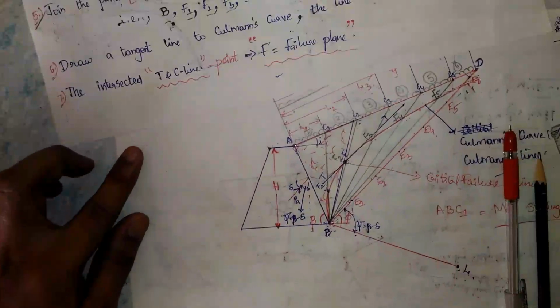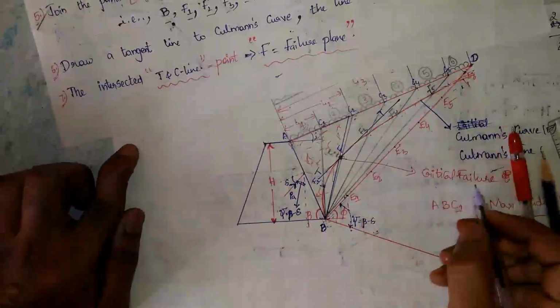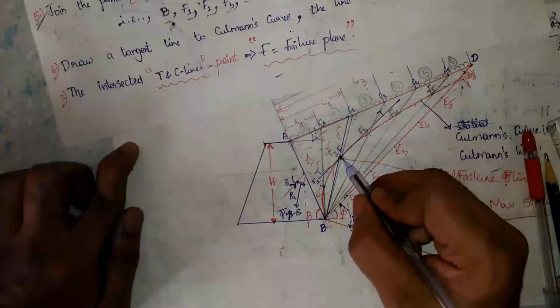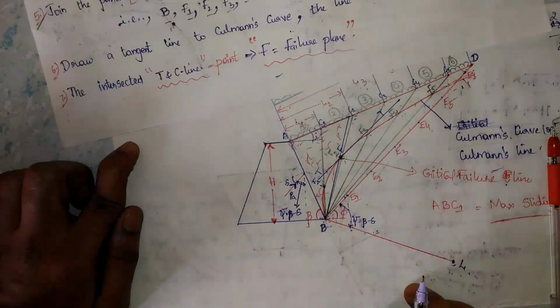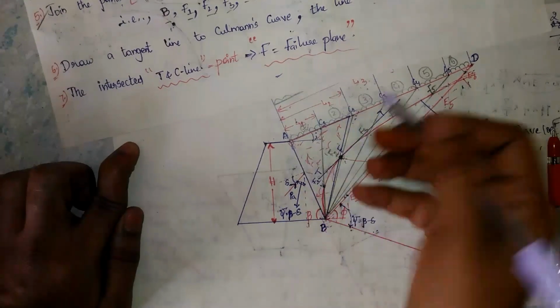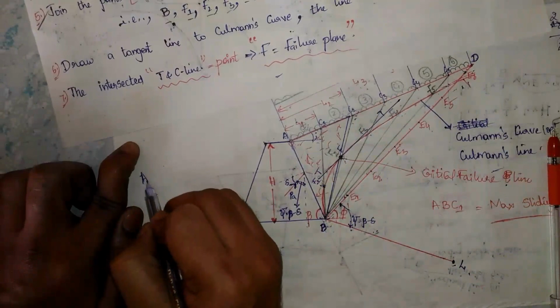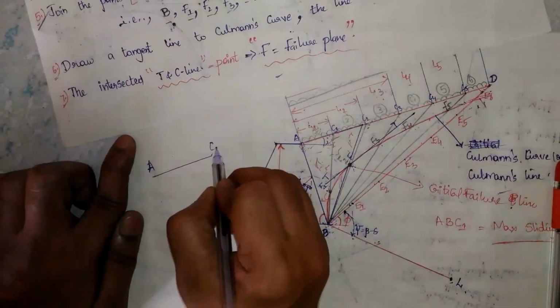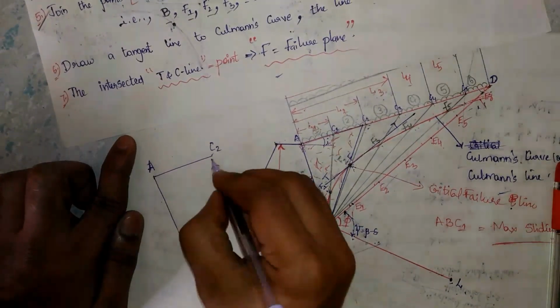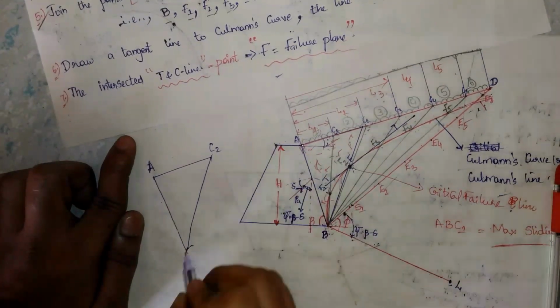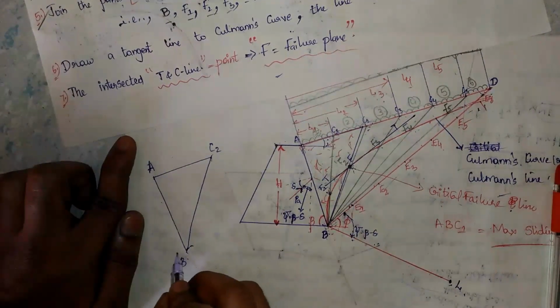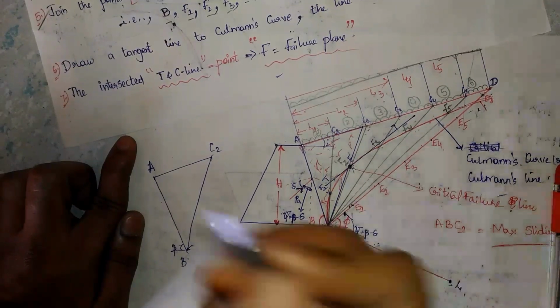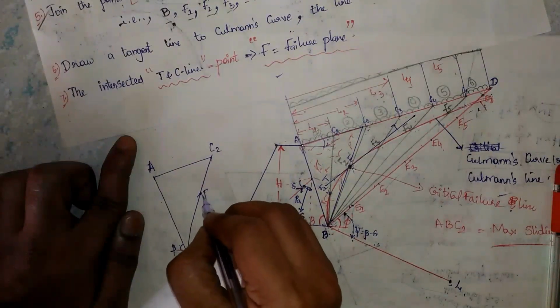By taking this, the critical failure line is developed. Then the force triangle method is taken in this C2, B. This is one angle beta. This is the failure line.